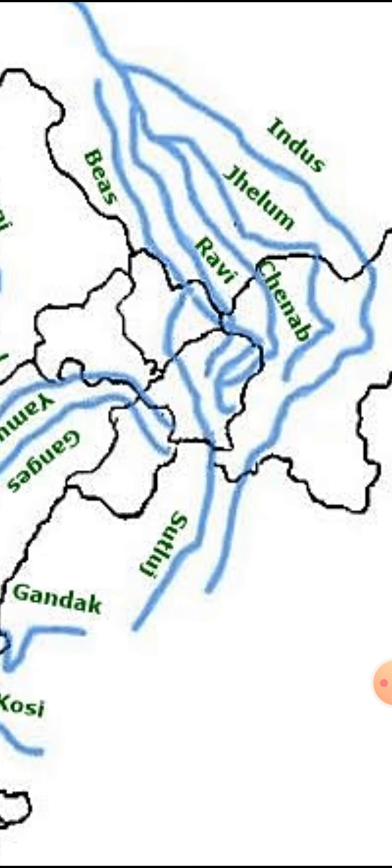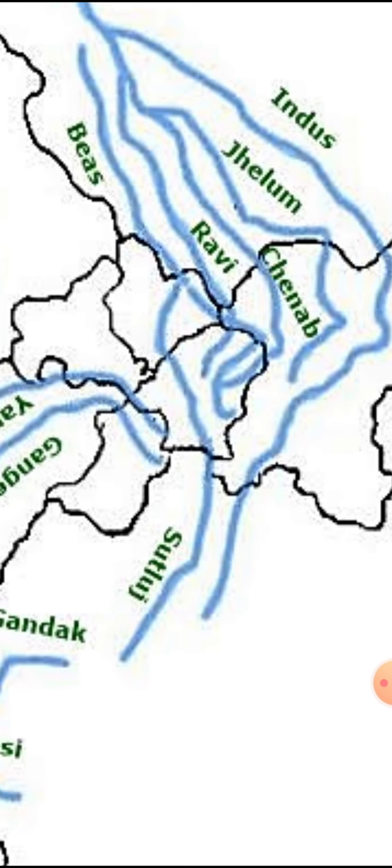It enters Jammu and Kashmir. Observe here the Indus tributaries: Jhelum, Chenab, Ravi, Beas and Sutlej. These tributaries of the Indus River flow from east to west, and mostly it flows in Pakistan.